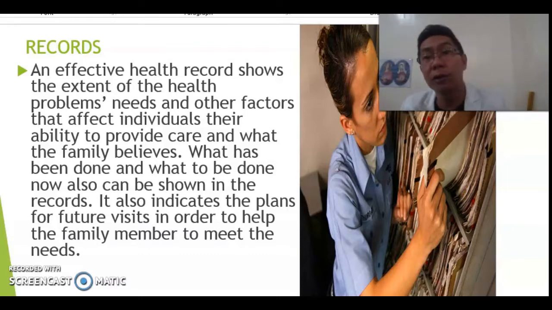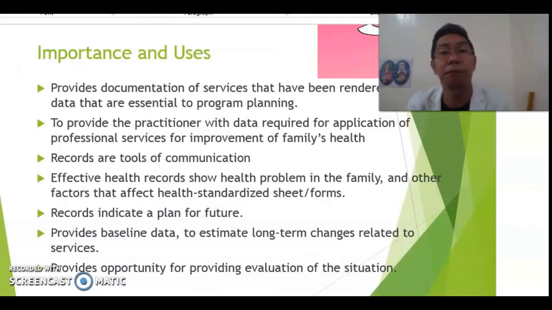The records will also reflect what has been done and what had to be done. It can also indicate plans for future visits in order to help the family meet the needs of their present problems.